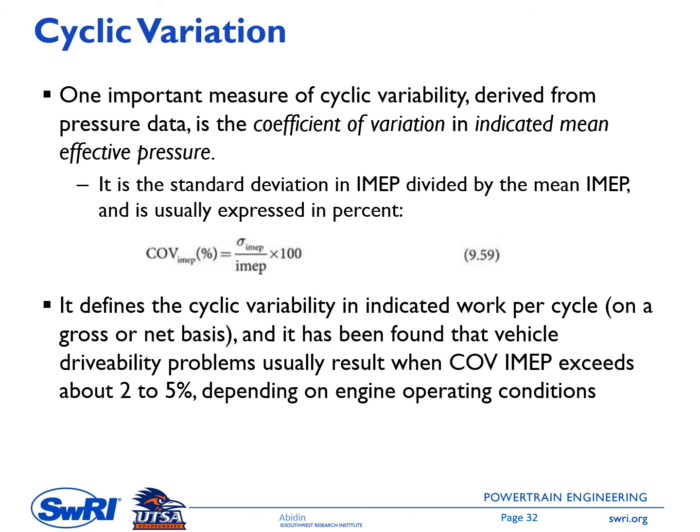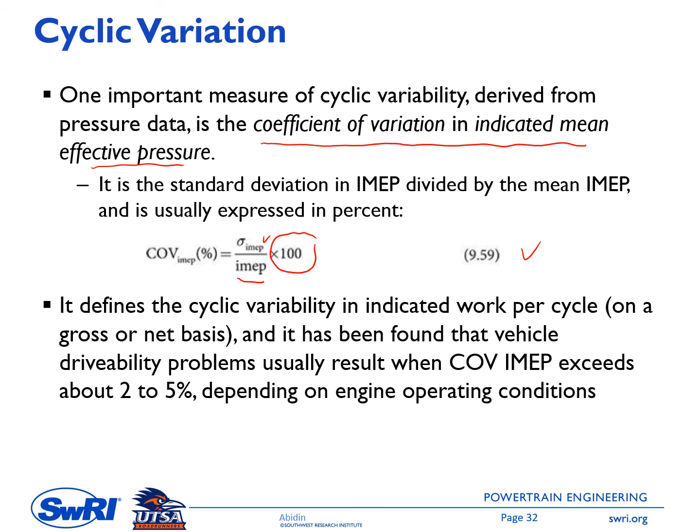To quantify the cyclic variation, we use a parameter called the coefficient of variation in indicated mean effective pressure, COV-IMEP. It is represented by equation 9.59. It is the standard deviation in IMEP divided by the mean IMEP, usually expressed in percent, so it's multiplied by 100.